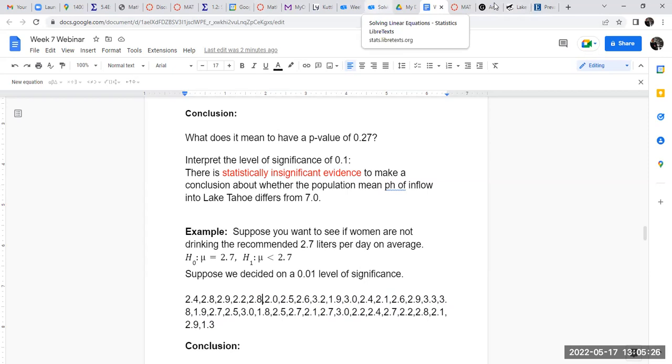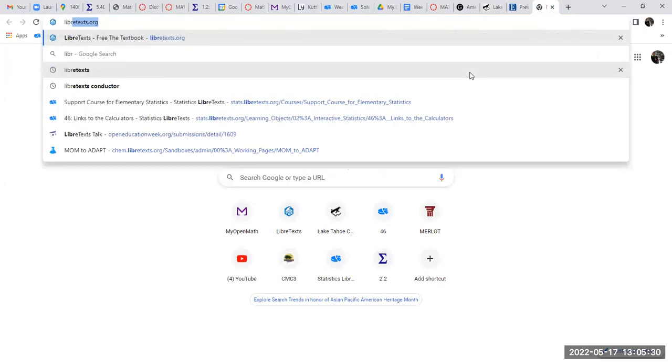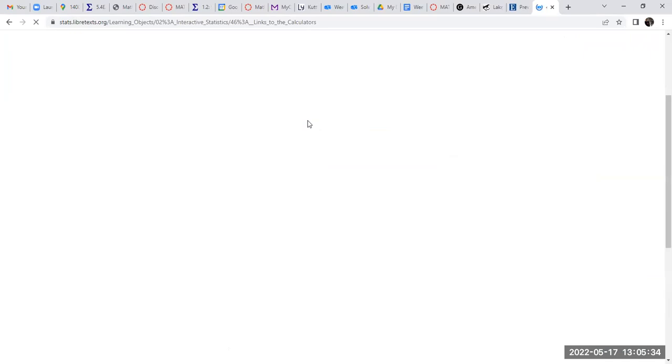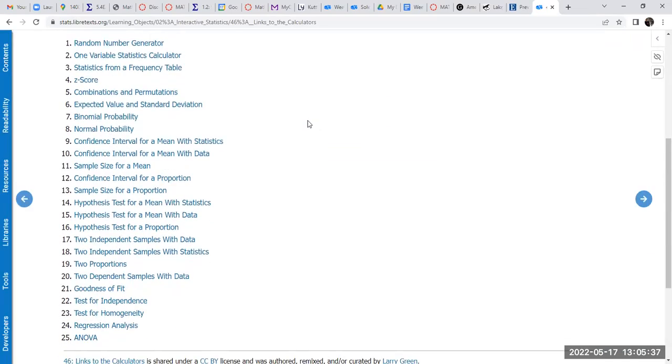Do I have it right here? Thought I had that. No, I'll make it. There it is. Any guess on what calculator we're going to use? Number 14. 14 is a really good idea, except we don't have statistics, but we have data.